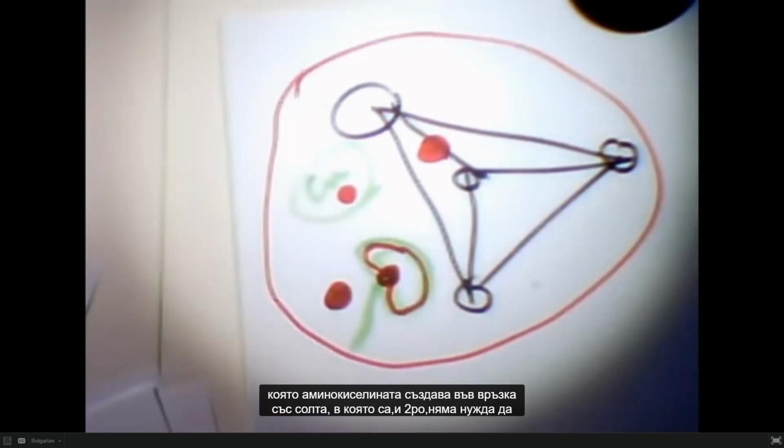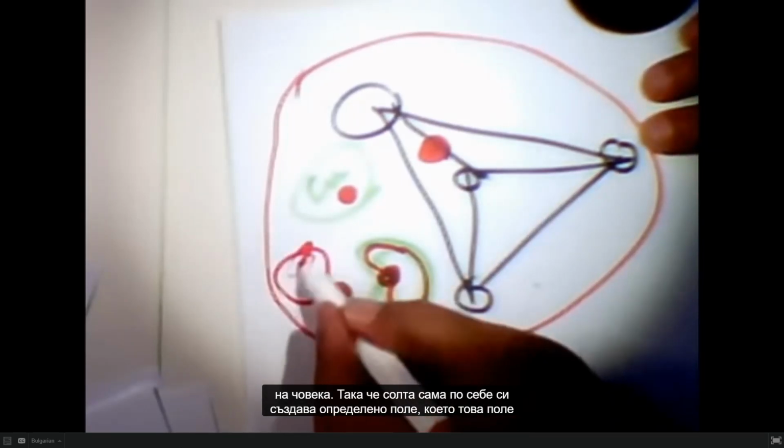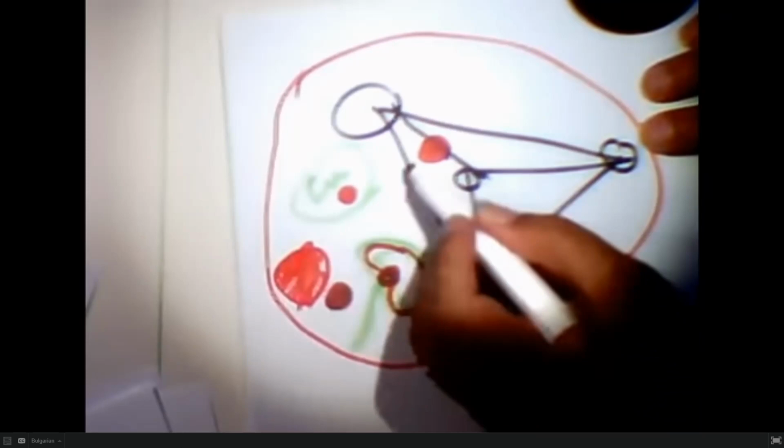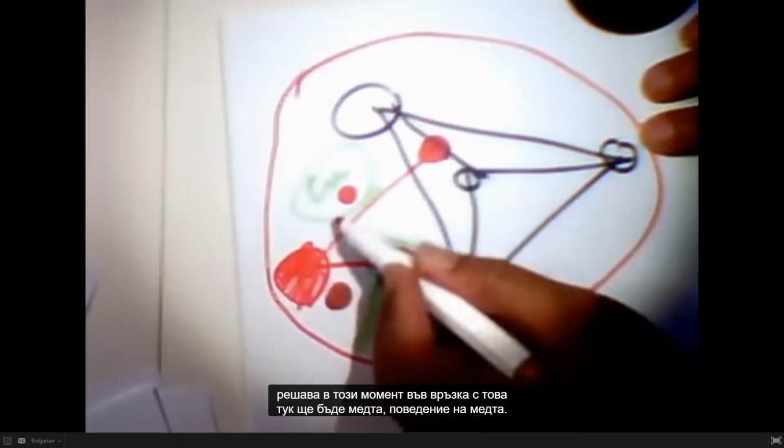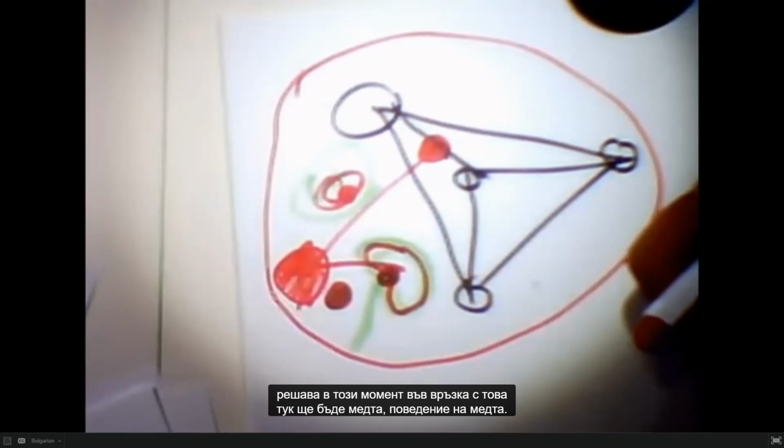And secondly, you don't need to make the salt, because you can create the gravitational magnetic field of the salt, and that's what the body of the man does. So the salt itself creates a certain field, and that field decides that at this point, in conjunction with this, there is going to be a copper here. Behavior of a copper.